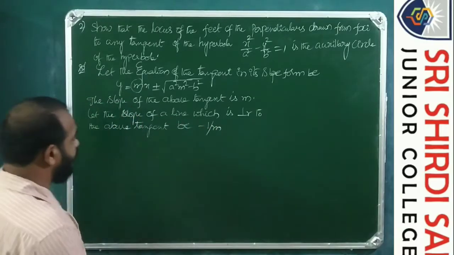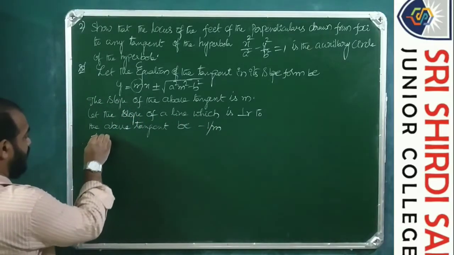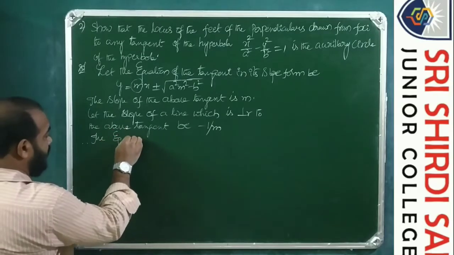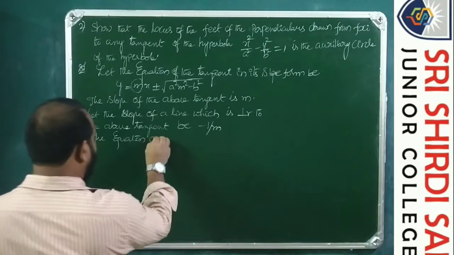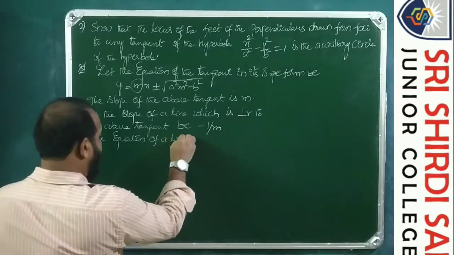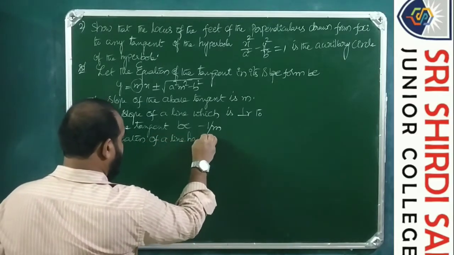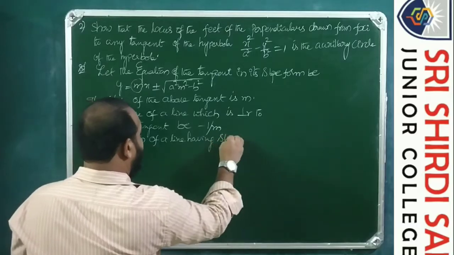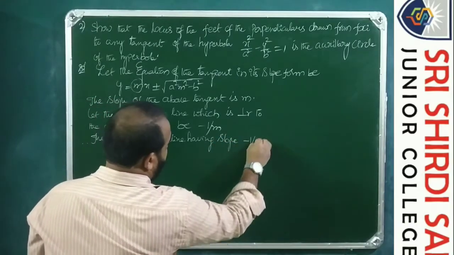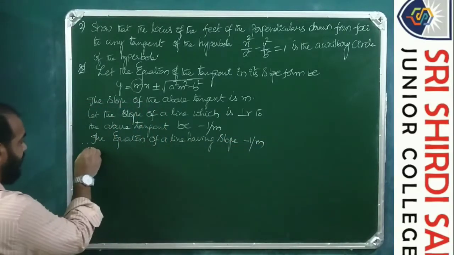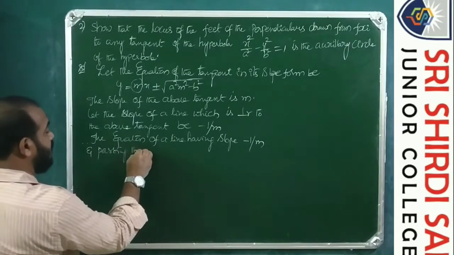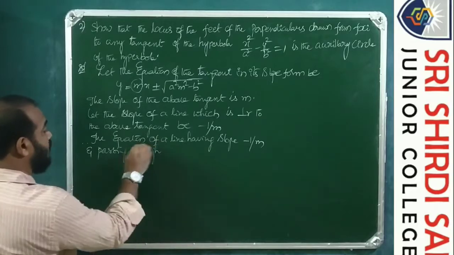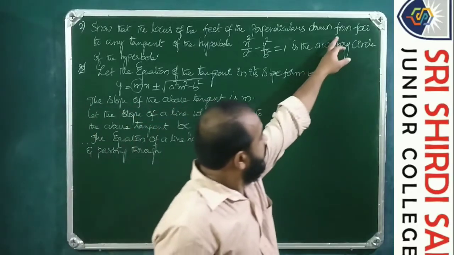Therefore the equation of a line having slope minus 1 by m and passing through the foci.